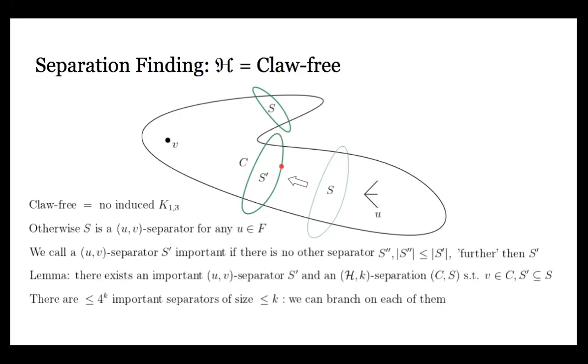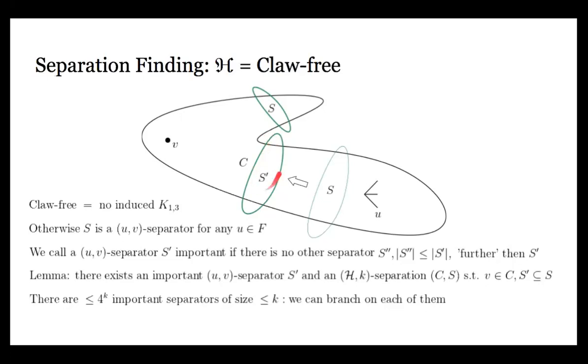It is well known that for two given vertices U and V, the number of important separators of size at most k is bounded by 4 to the k. And these important separators can be enumerated within this running time. So what we can do, we can enumerate all these UV separators, and for each of them, we can again branch.